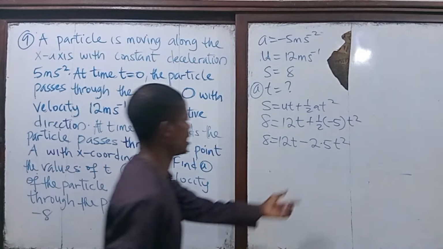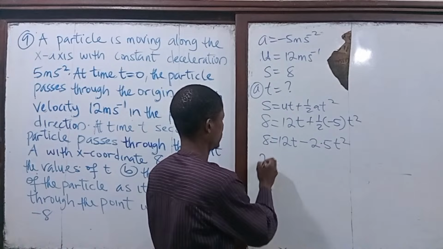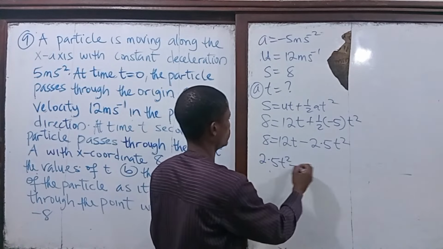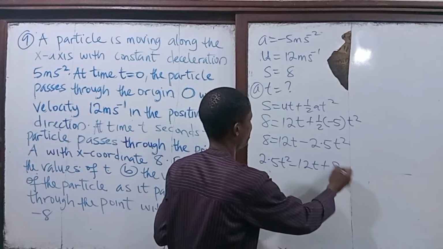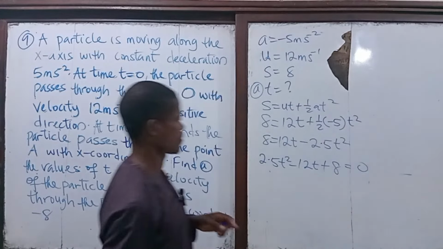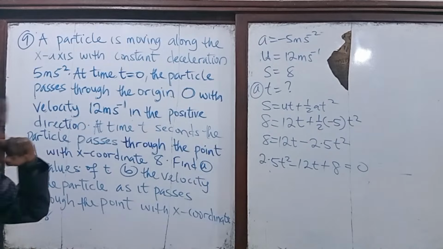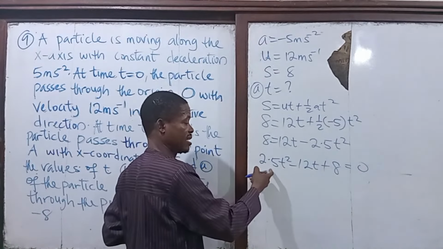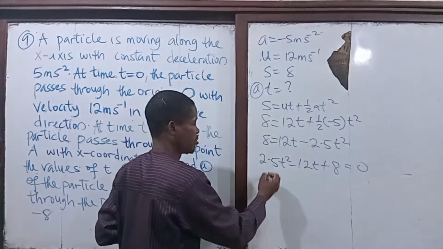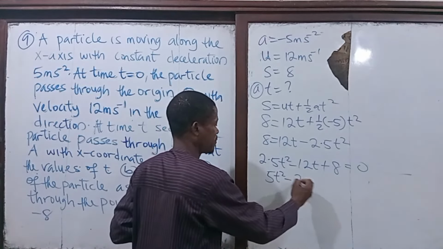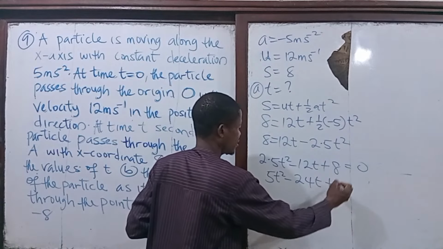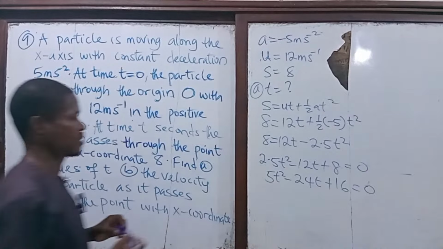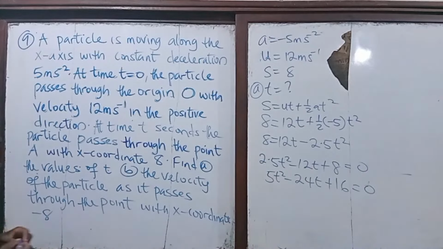So we can move these to the other side: 2.5t squared minus 12t plus 8 equal to 0. If we like, we can multiply the equation by 2 so as to cancel the decimal, and that will be 5t squared minus 24t plus 16 equal to 0.